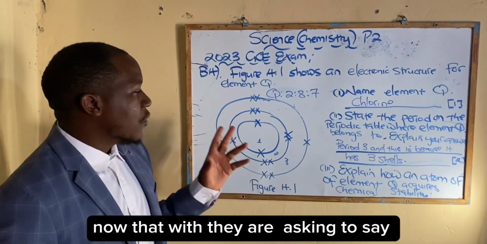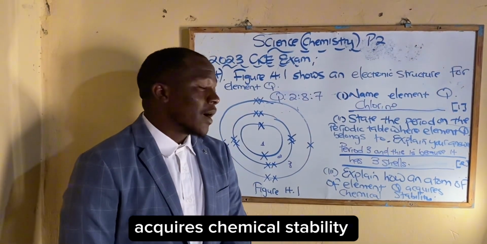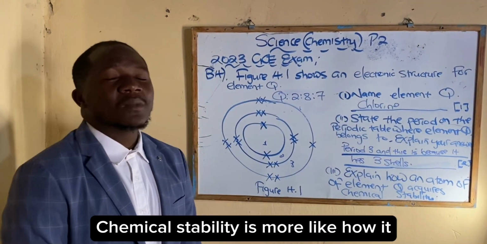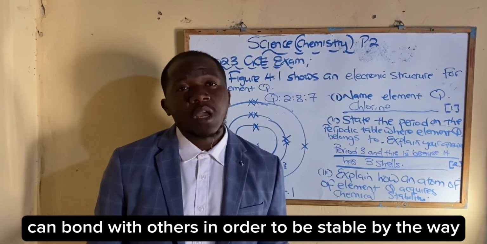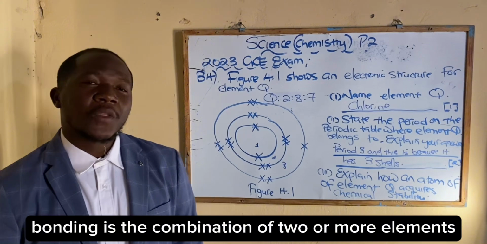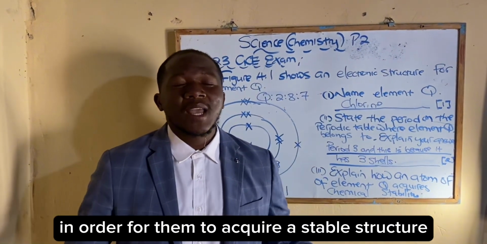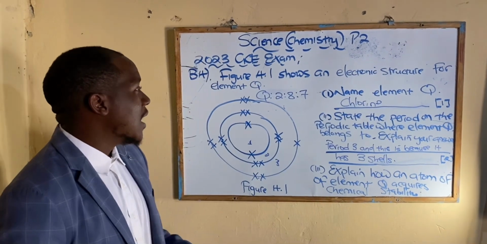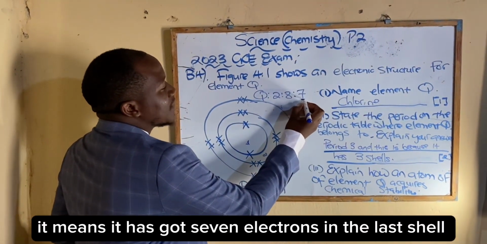Chemical stability is more like how it can bond with others in order to be stable. By the way, bonding is the combination of 2 or more elements in order for them to acquire a stable structure. For this instance, it means it has got 7 electrons in the last shell.